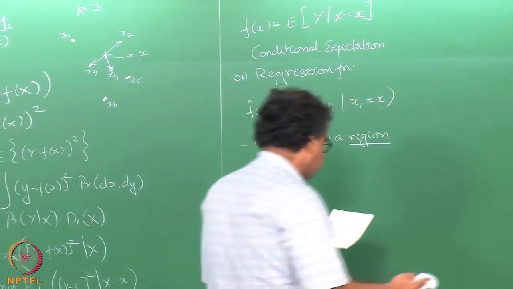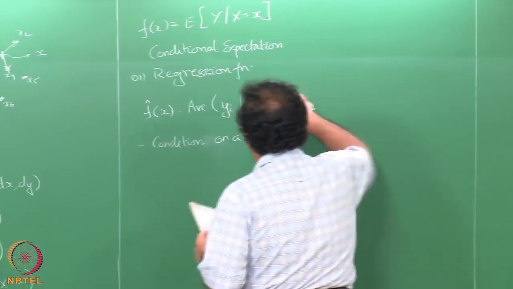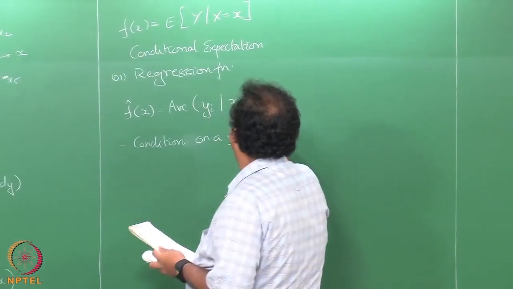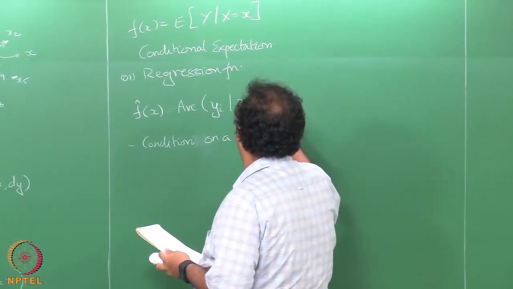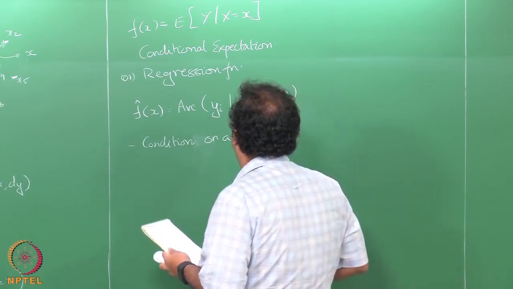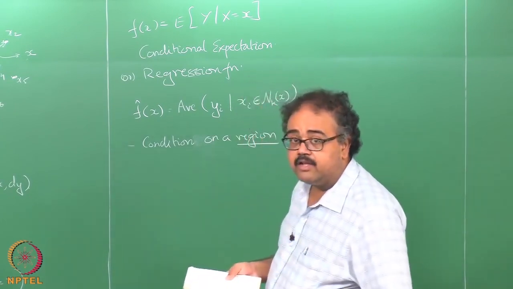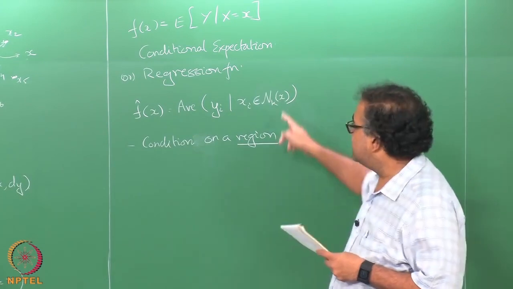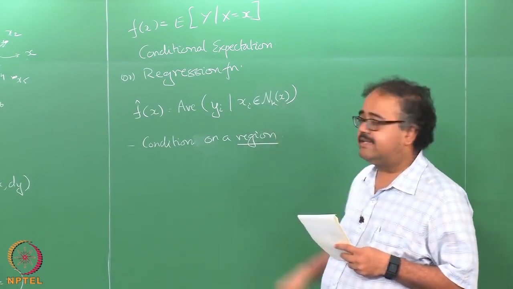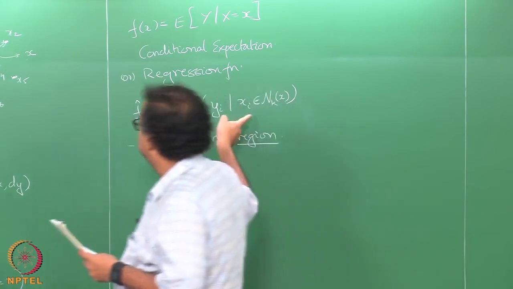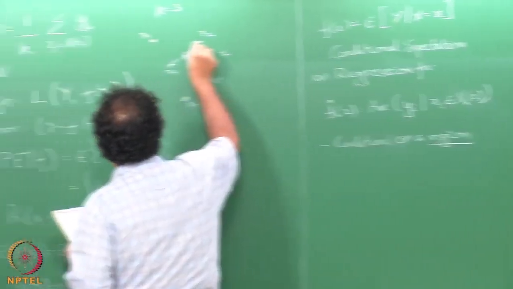So, what I am going to do is take the average of all the data points which belong to some region around x, which is essentially the neighborhood that we are talking about.